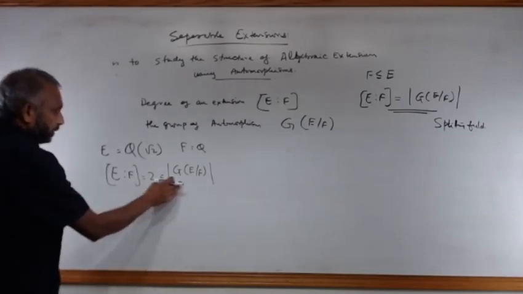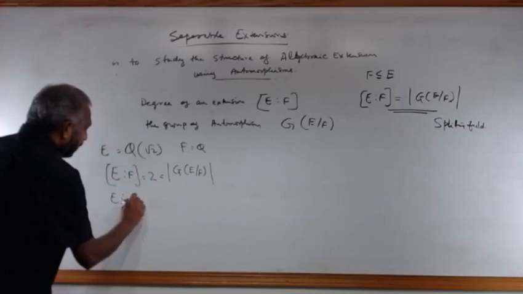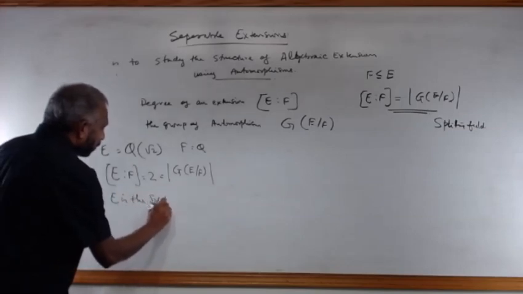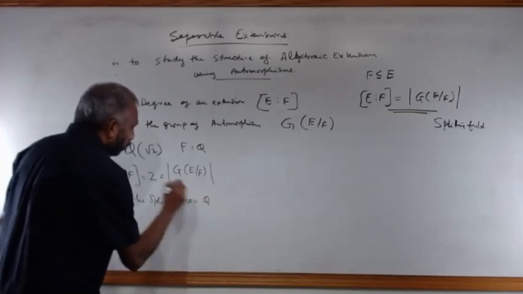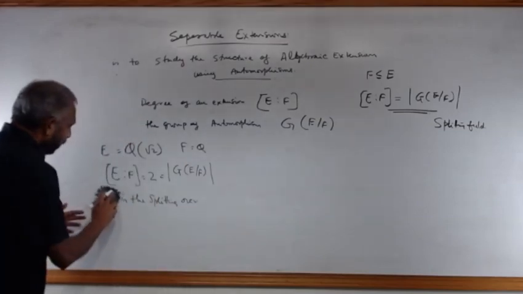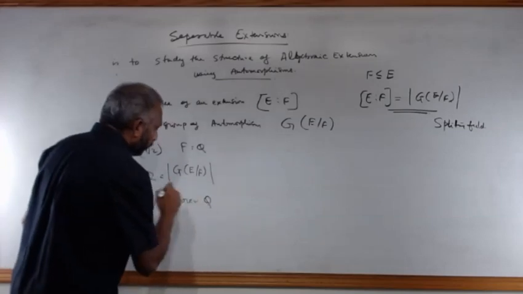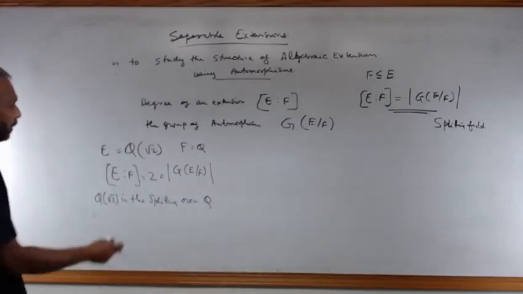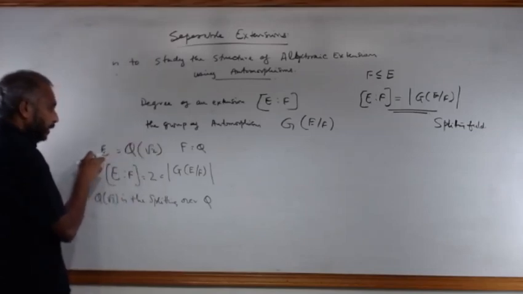This is because E is the splitting field over Q. That is because all the roots, the zeros, of the irreducible polynomial of root 2 are in E.